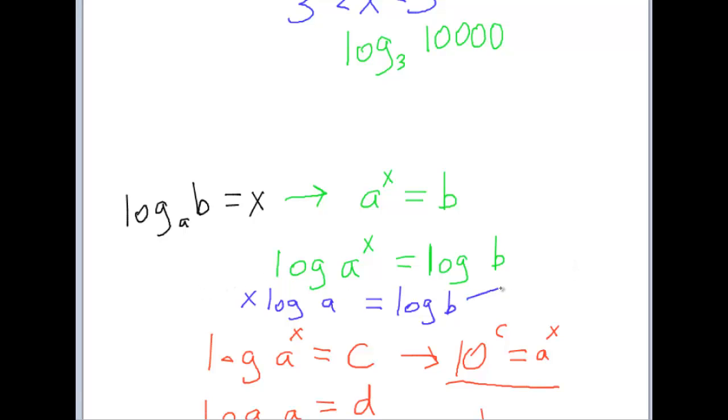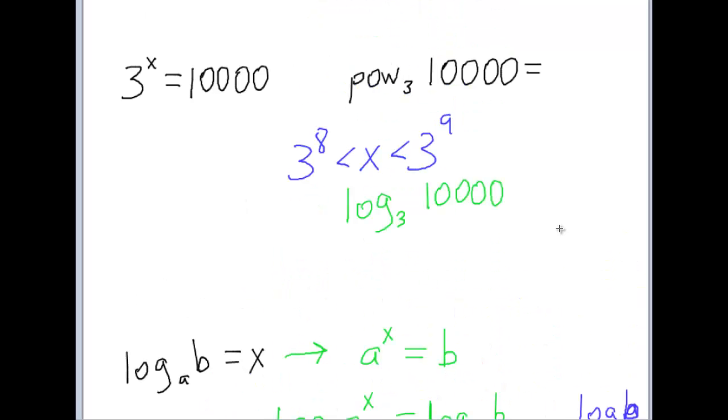Well, that means that x equals log b divided by log a. X is log b divided by log a. And this log can have any base, but in this case, we want it to have a base that our calculator can calculate.